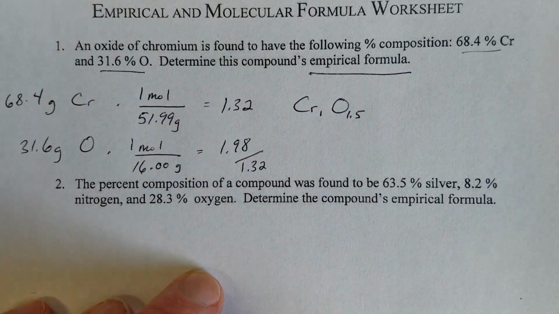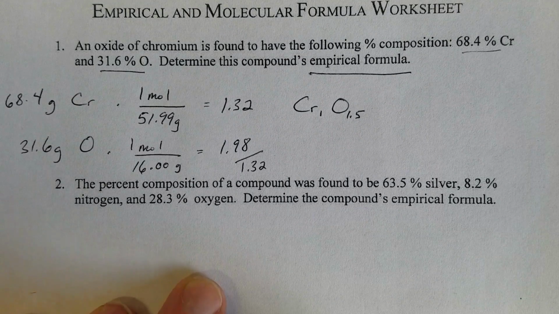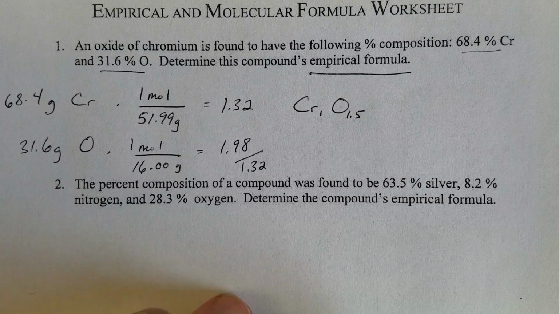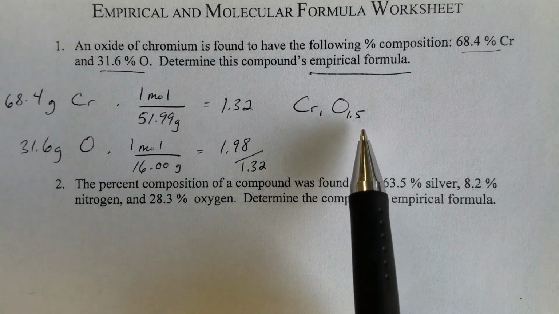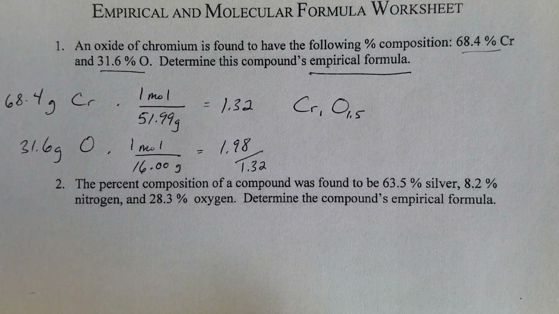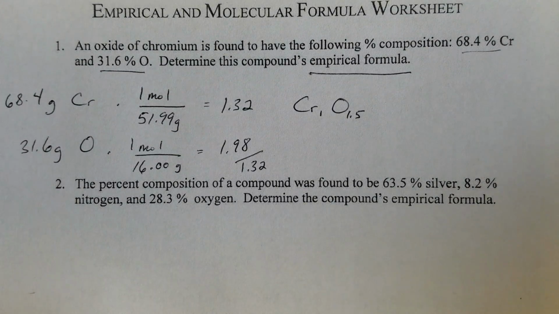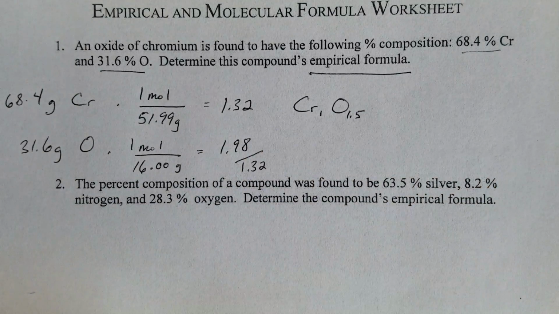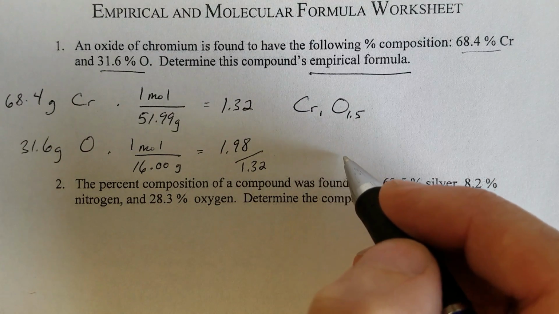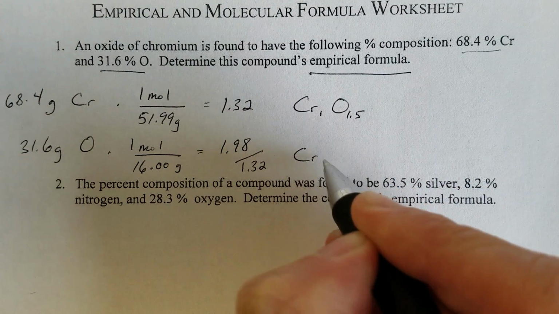So we have 1.5 oxygen atoms to 1 chromium atom, except you can't have 1.5 atoms in a molecule. So we need to get this 1.5 to a whole number. The easiest way to do that, and still keep our lowest common denominators, would be to multiply these two numbers by 2.